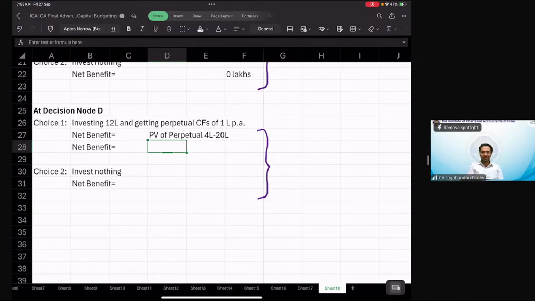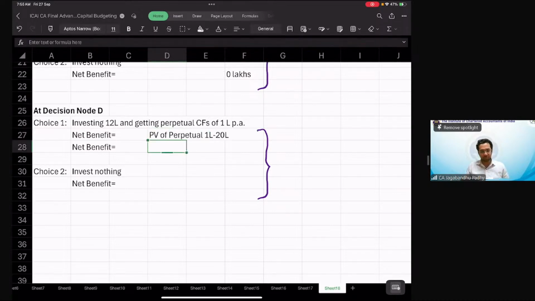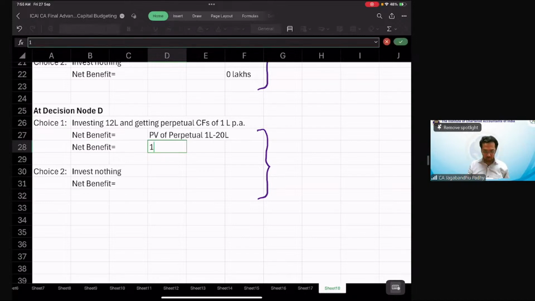Are we going to invest an additional 12 lakh or not? Because we want to check the present value of 1 lakh minus the initial investment. First, let us compute the net benefit that's possible. So the net benefit that's possible is simply 1 lakh divided by 0.1 minus 12 lakhs.